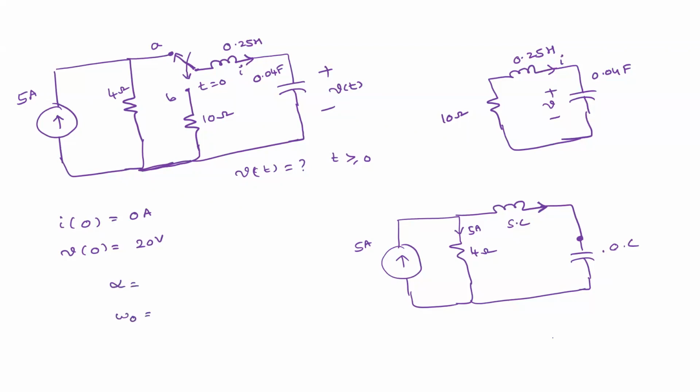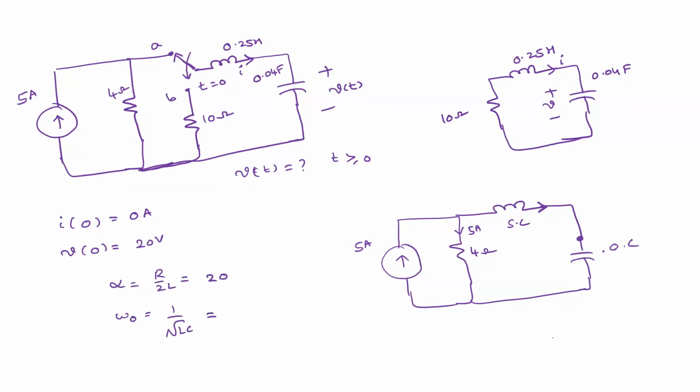So what is alpha? Alpha is R by 2L. What is R by 2L? 20. What is omega naught? 10.